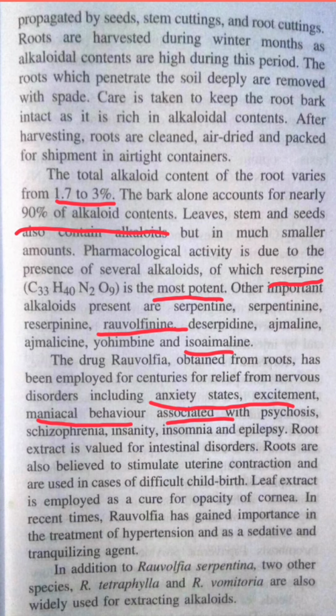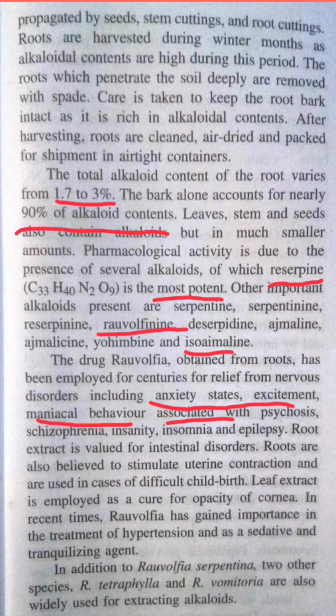Then psychosis, a severe mental disorder. Schizophrenia is also a long term mental disorder. Then insanity, again madness or mental disorder. Then insomnia, that is sleeplessness or inability to sleep. Then epilepsy, a neurological disorder of the nerves.